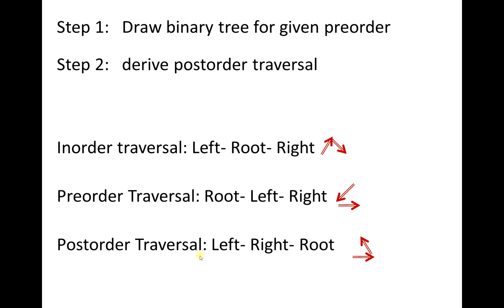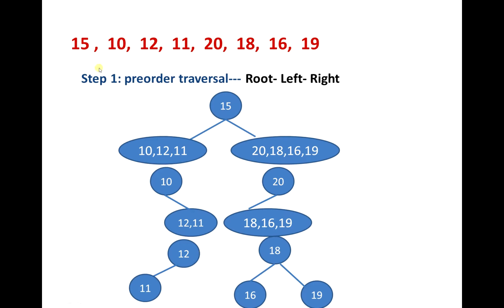As I said, we have to draw the binary tree for the given pre-order traversal. So this is the pre-order. What is pre-order traversal? Root, then left subtree, and then right subtree. In this given pre-order traversal we take the first data as the root node.